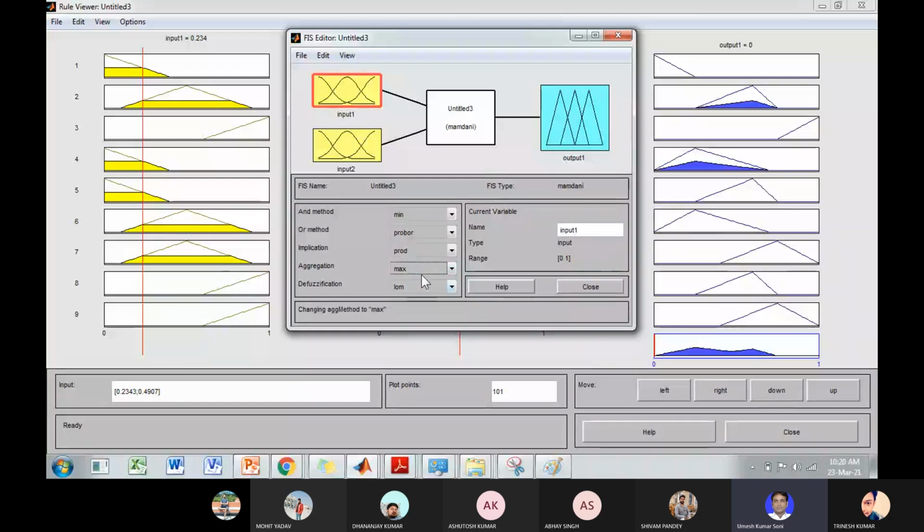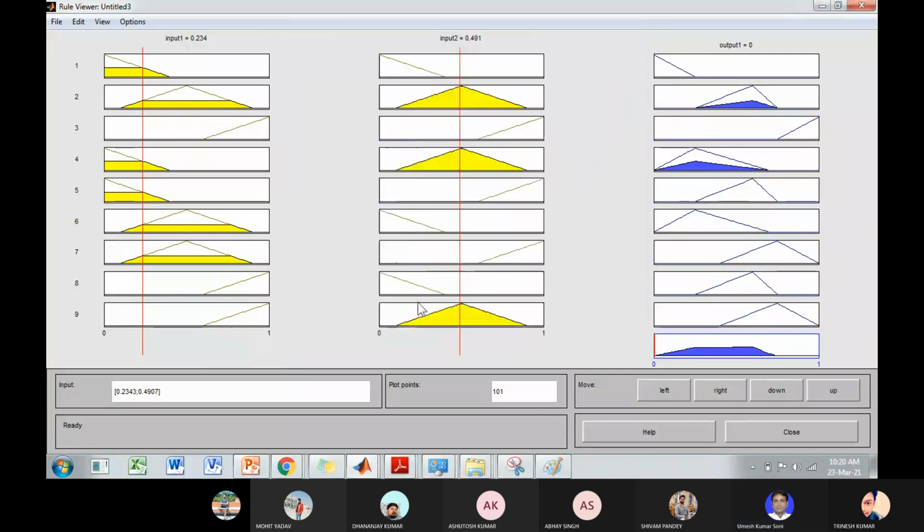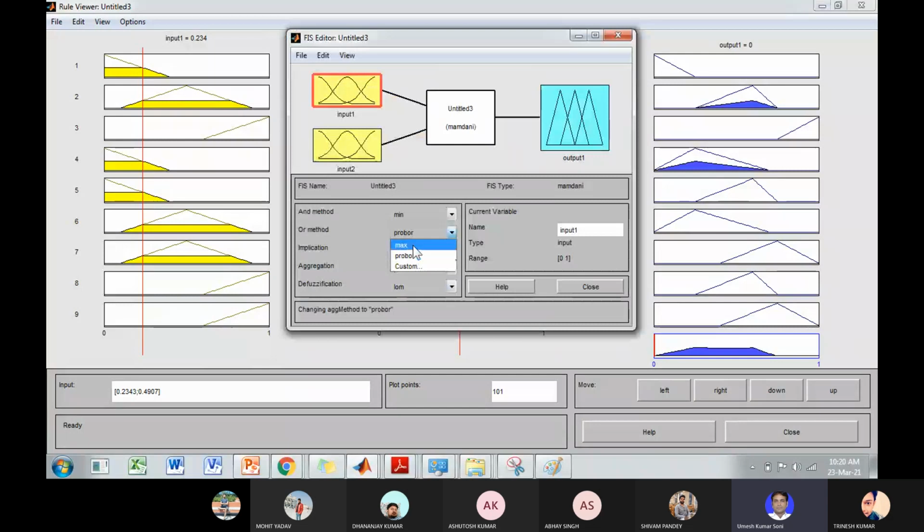Maximum, that is, maximum membership grades, the area with the maximum grade is selected, and here the sum of both the areas is taken. Here this is an alternative for max. So in aggregation, mu a plus mu b minus mu a mu b.